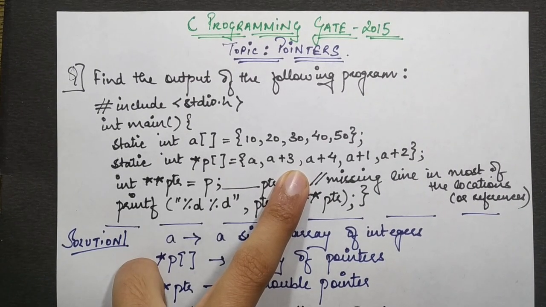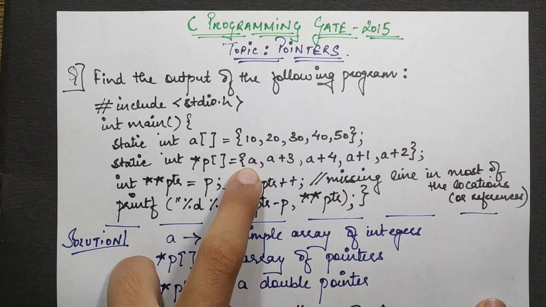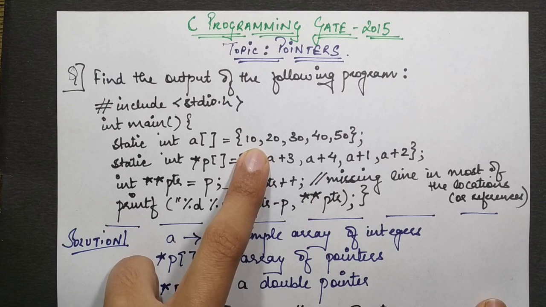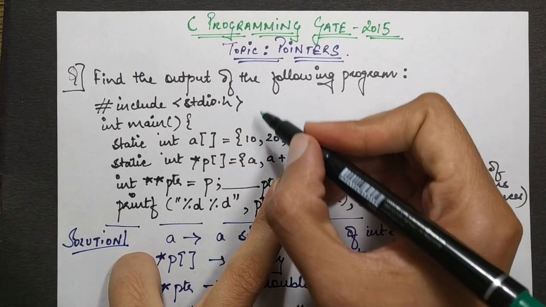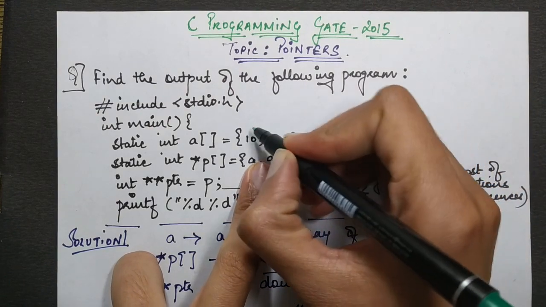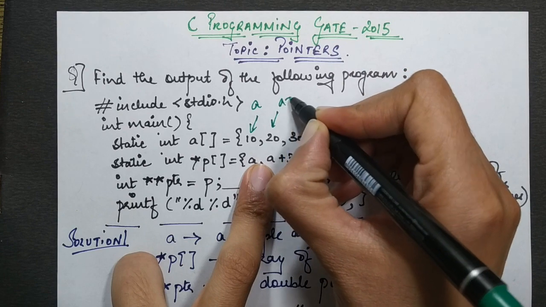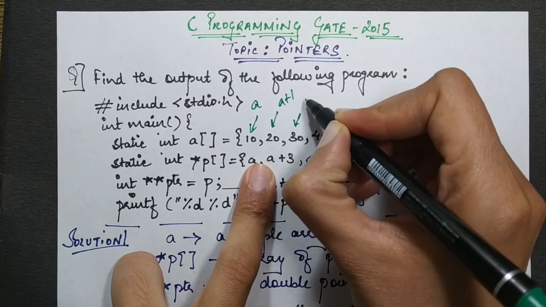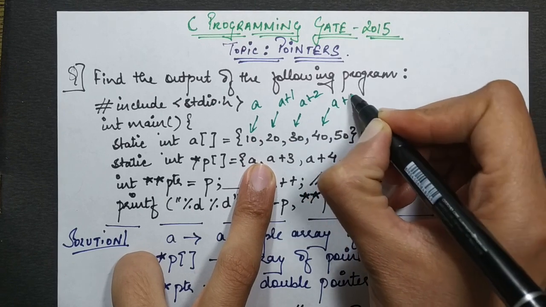Let me make myself clear. When I say A, it gives me the address of the first element. When I say A plus 3, it moves 3 steps forward. So this is A, this is A plus 1, this is A plus 2, this is A plus 3.